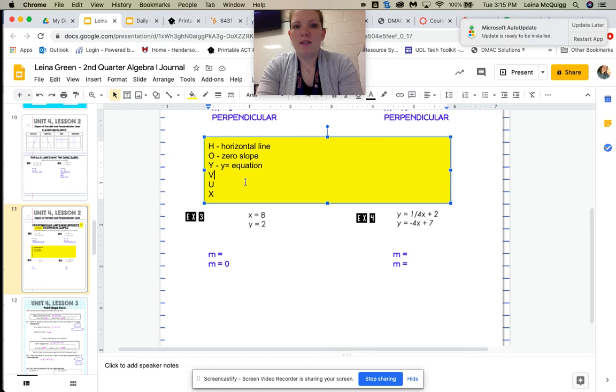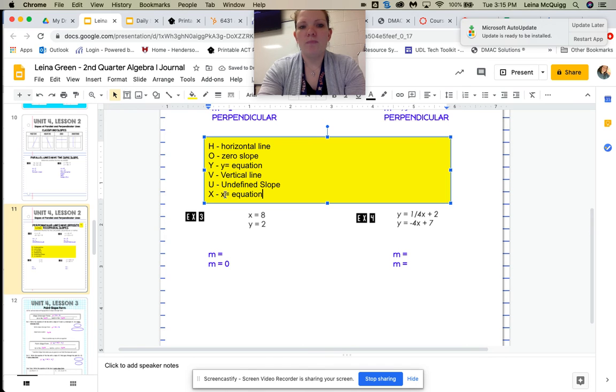Now we have Bucks. V means if we have a vertical line, straight up and down, then that means it's an undefined slope. And that means we're going to have an x equals equation.